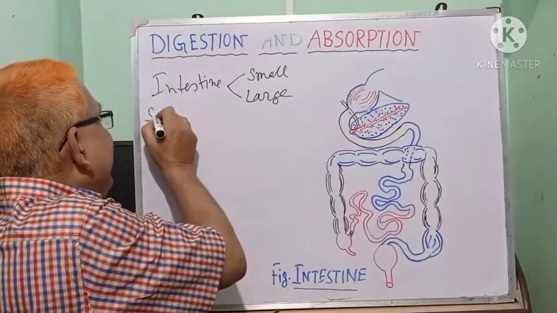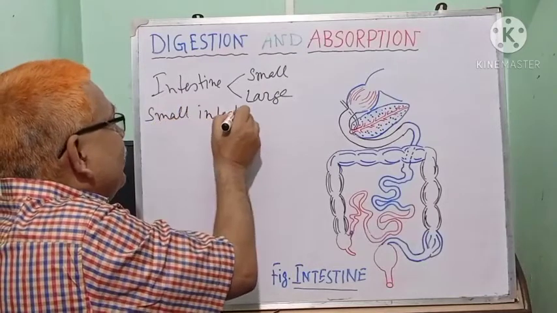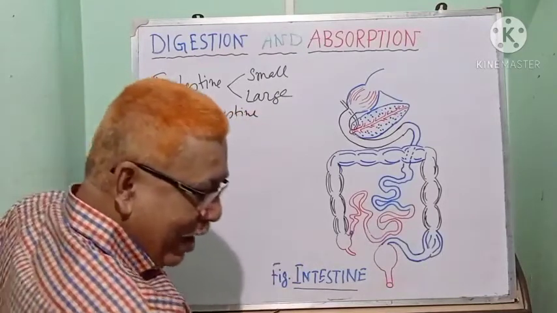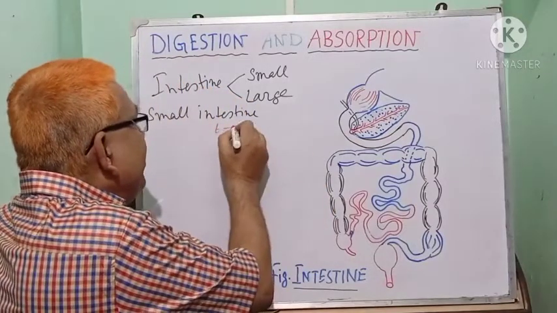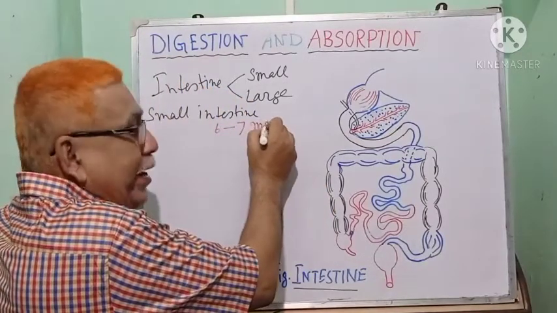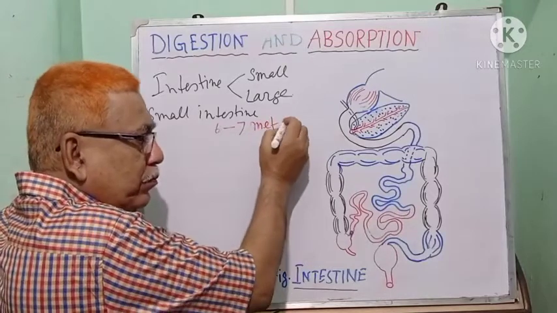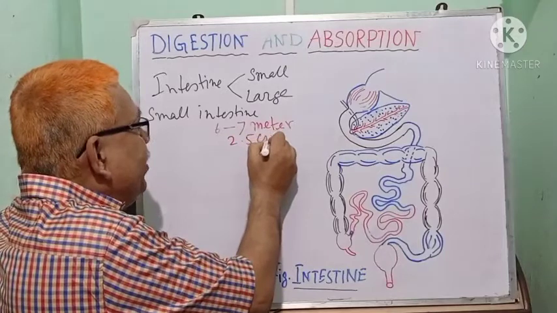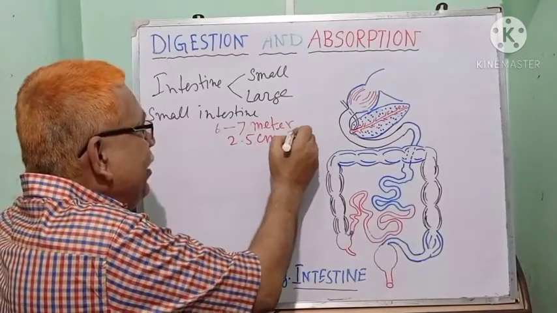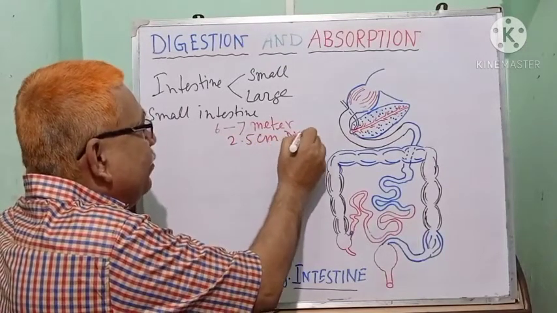First, the small intestine is about 6 to 7 meter in length and 2.5 centimeter is its diameter.